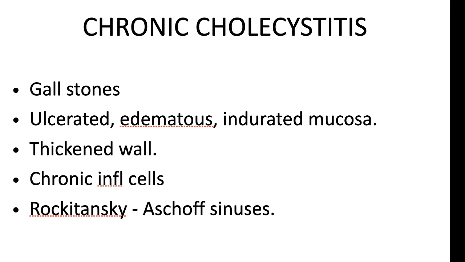One is cholesterolosis, where cholesterol-laden macrophages will be seen in the lamina propria. Then the inflammation is variable with occasional mucosal outpouchings, called Rokitansky-Aschoff sinuses, and the mural dystrophic calcifications, called porcelain gallbladder.